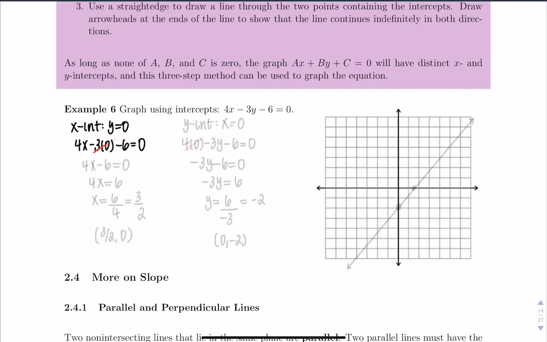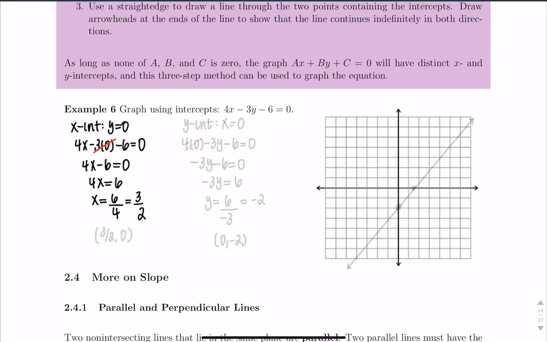Well, the 3 and the 0 are going to go to 0, so we don't care. We have 4x minus 6 equals 0. Adding 6 to both sides, we have 4x is equal to 6. And dividing by 4, we have x equals 6/4, or dividing by 2, we have x equals 3/2.